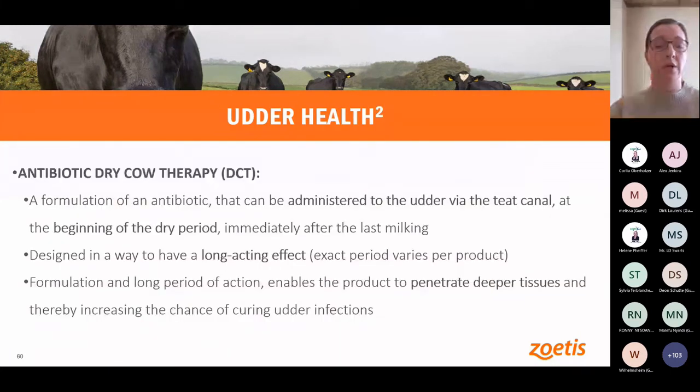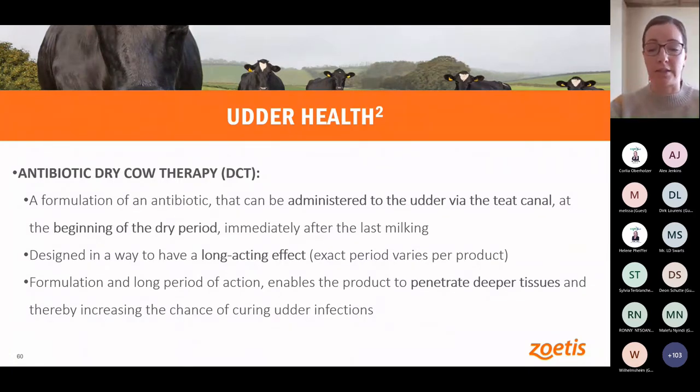All right. So when we talk about an antibiotic dry cow therapy, these antibiotics are formulated to actually have quite a long effect and to penetrate deeper into the udder tissue. And that is why it is especially important to make sure that you don't give these dry cow therapies during lactation, okay?